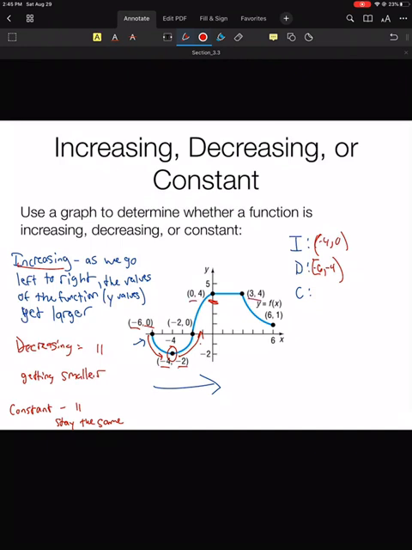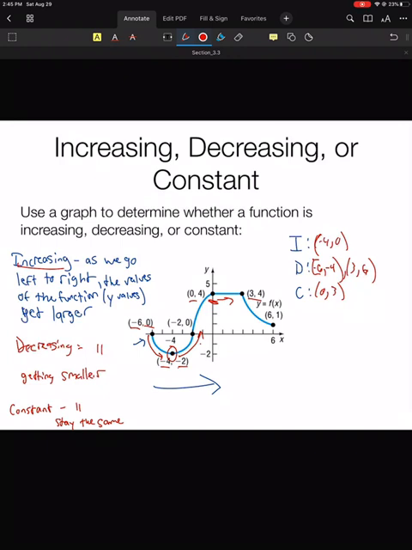Then from 0 to 3, as we're going this way, it looks constant. So parentheses, 0 to 3, it's constant. And then from 3 down to 6, it's again decreasing. So 3 to 6, we're decreasing.